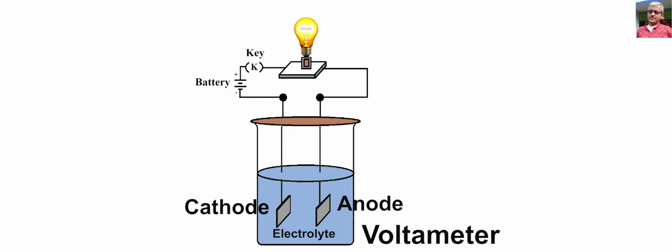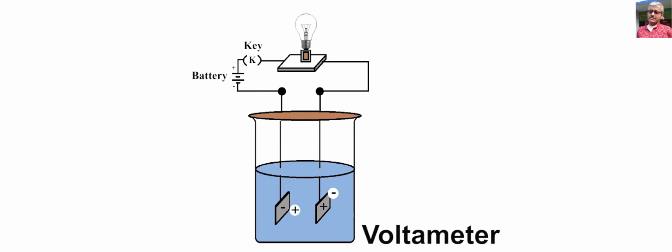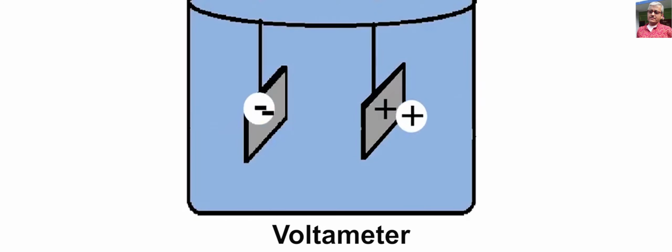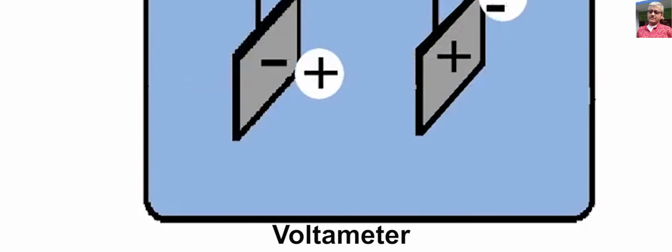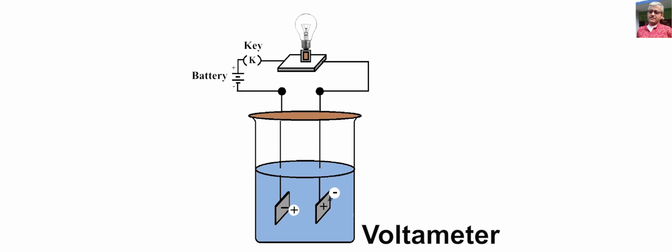When DC electric current is passed through an electrolyte, two oppositely charged ions are formed, known as cation and anion. Cation goes to cathode and accepts an electron from there. Thus, reduction occurs at cathode.